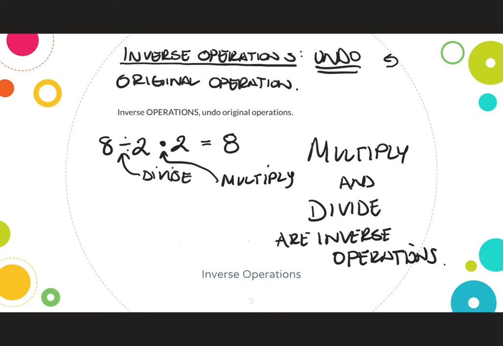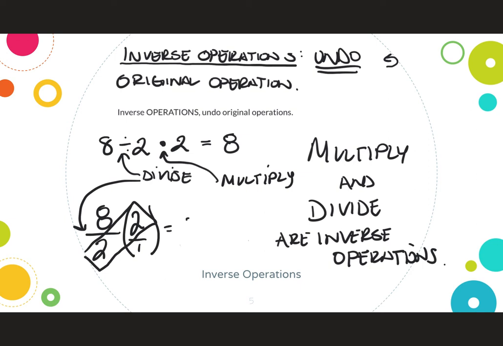Now, another way that this would look, let's set up like a fraction. If we have 8 divided by 2, again, this is what divide can look like. And you multiplied this by 2, which again, we need to get into the habit of understanding this could be 2 over 1. Well, then you have another giant 1 right here, and you end up with 8 over 1, which just equals 8.